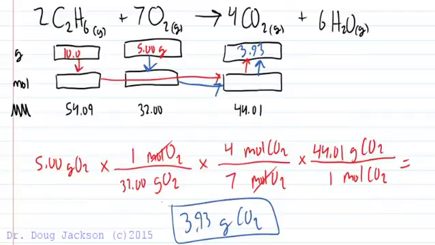Because we have to take the lesser of the two, 16.3 versus 3.93. Oxygen limits the amount of carbon dioxide we can produce by this reaction to 3.93.